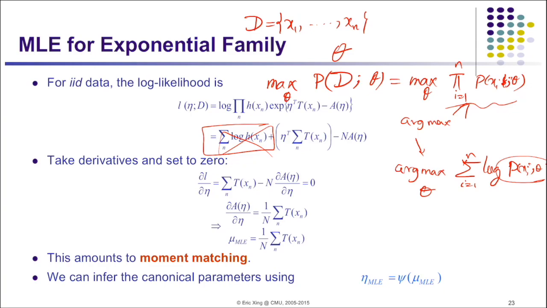And you have an inner product between the parameters, this is the parameter, and a statistic that does not grow with the size of your data set. If T(x) is d-dimensional, this is still d-dimensional. And the log-partition function A was convex, so minus of that is concave. So you're maximizing something that comes in a form like this.